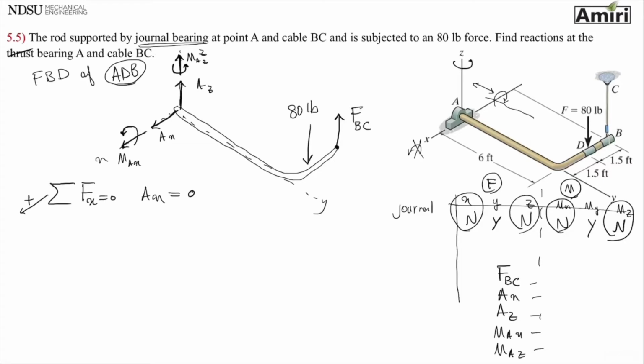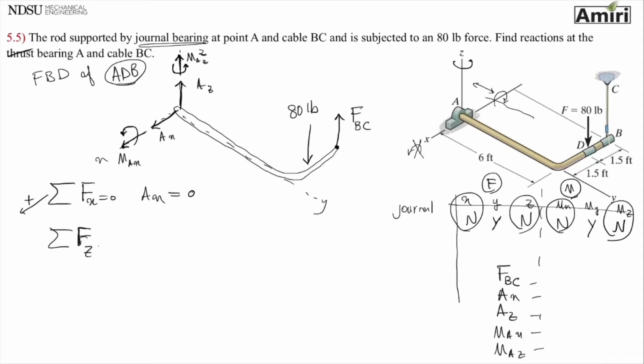That's done. Next, let's do a sigma, summation of forces in Y direction. If I do in y direction, I have two unknowns, FBC and AZ. Or no, sorry, there's no y. Okay, I was talking about z.